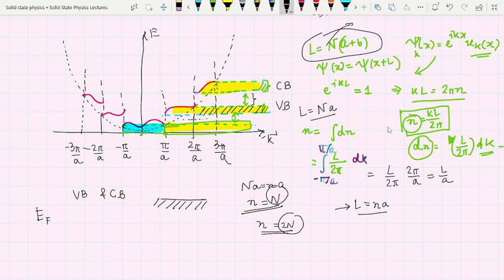Okay, the Fermi level lies within the forbidden gap. At absolute zero temperature, it is the maximum energy level that can be occupied by the substance, and if we apply a certain amount of energy, then it can get back to the conduction band.